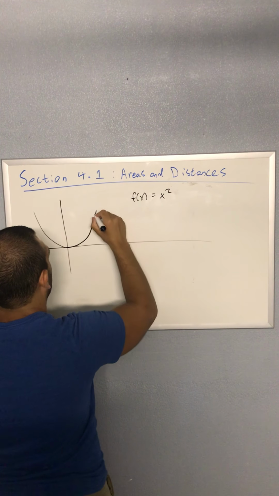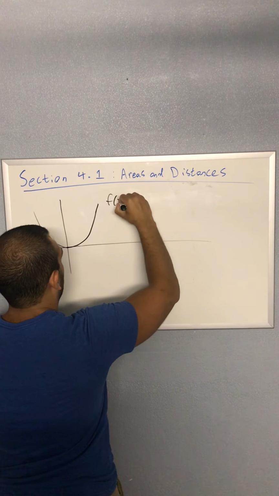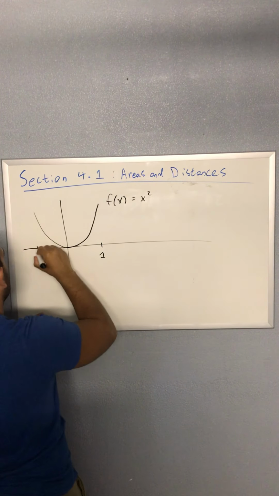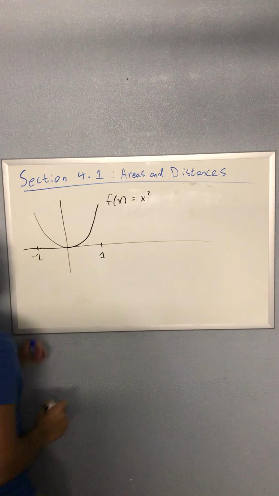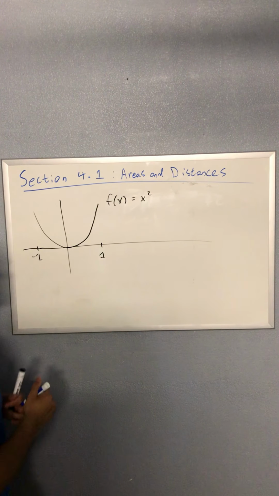Okay, this is nice and symmetrical. And say this is 1 and this is negative 1. And assume that you want the area underneath this curve.